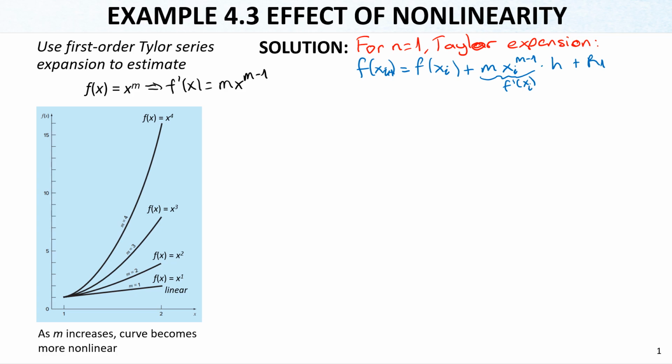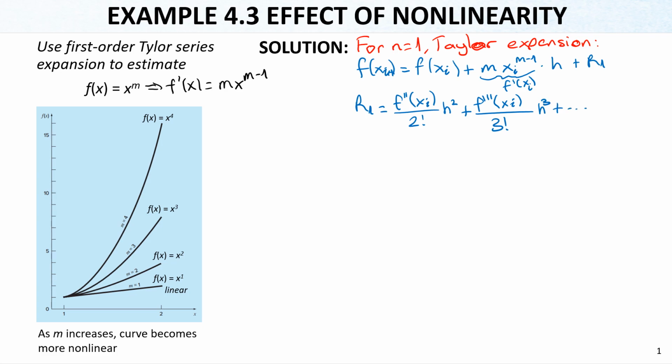The truncation is after the first order, so R1 will include the second order and the other terms. R1 is equivalent to the second derivative divided by 2 factorial, h squared, the step size, which is also increasing in power, and the third derivative of x_i divided by 3 factorial, h cubed, and it goes this way.